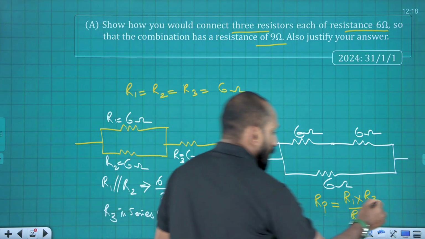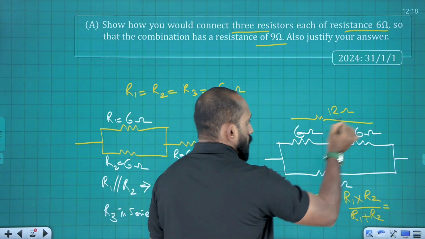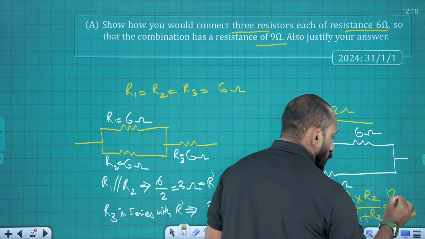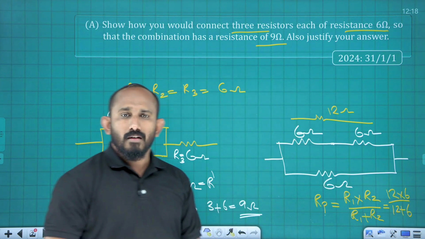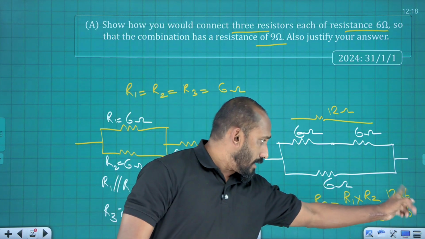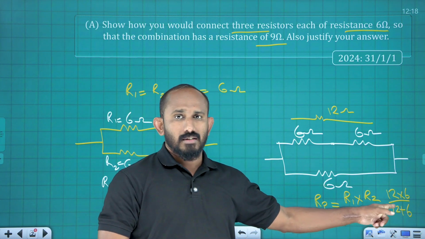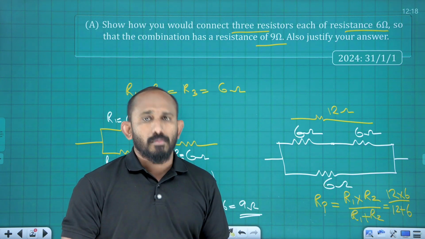Let's try. In series we get a total of 12 ohm. So 12 and 6 in parallel: 12 into 6 by 12 plus 6. 12 plus 6 is 18. Then 6 and 18 cancel, 3 will be there, 12 by 3 is 4 ohm. So the effective resistance will be 4 ohm.